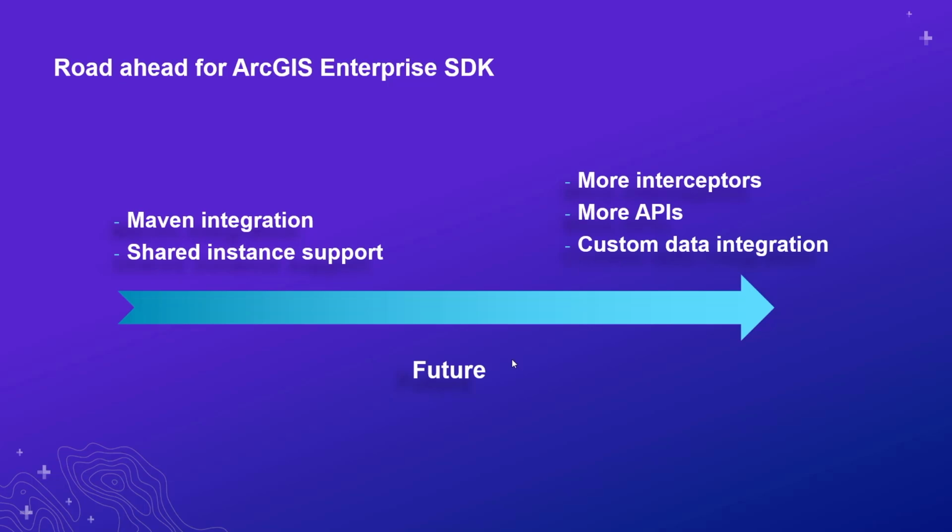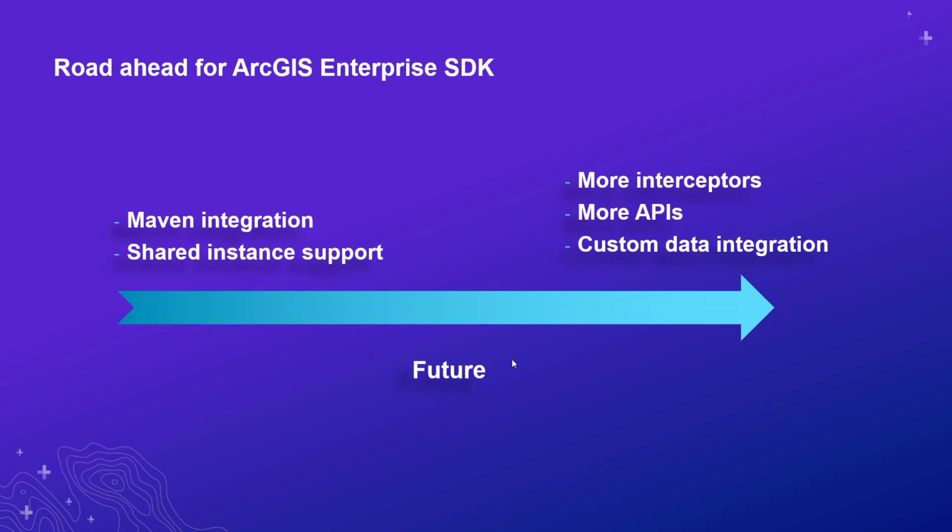In terms of our long-term goals, we're actively working on improving the Enterprise SDK. In the future, we're planning to support interceptors for more services, such as image service, utility network service, hosted feature service, etc. And at the same time, we're also going to add more interfaces or classes in our API to help achieve more functions specific to those services.